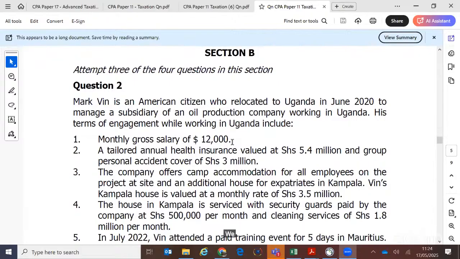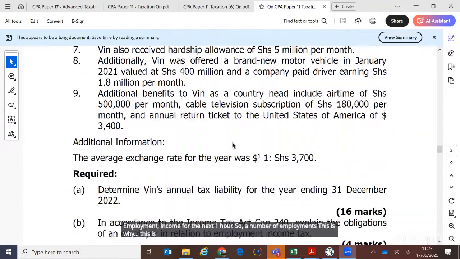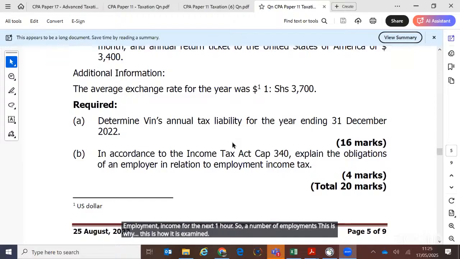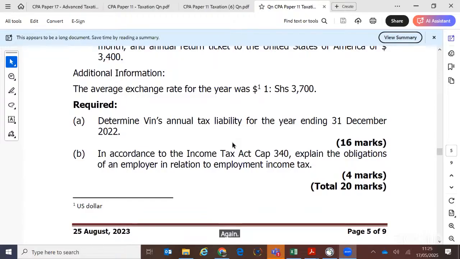We are going to discuss employment income for the next 1 hour. So, on employment, this is how it is examined. They are going to either ask you to calculate someone's chargeable income and tax liability for a month or for a year.